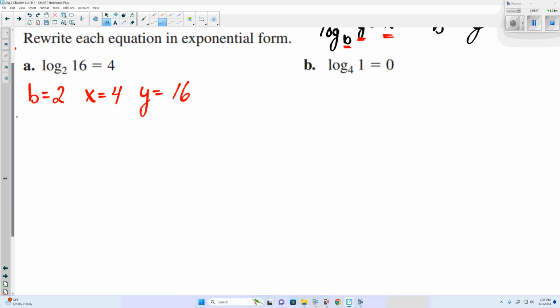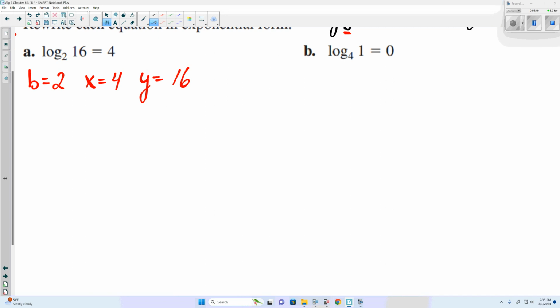Because log base B of Y equals X, if and only if B to the X is equal to Y. So if we fill in the information we have, B is 2, X is 4, giving us 2 to the 4th equals 16.